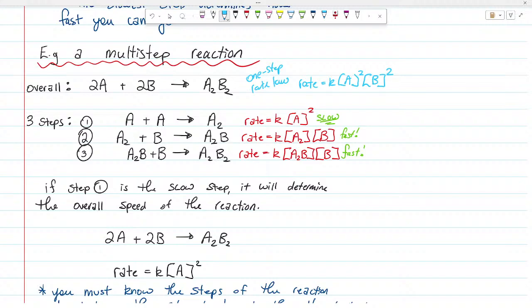That tells you there must be a step where A is bumping into A. Those two things must actually collide with each other for this reaction to happen, because it's a square relationship. There must be a step where there's 2 A's involved, and that's the slow step. And because B didn't change anything, that step must just be those 2 A's colliding. Does that answer your question?